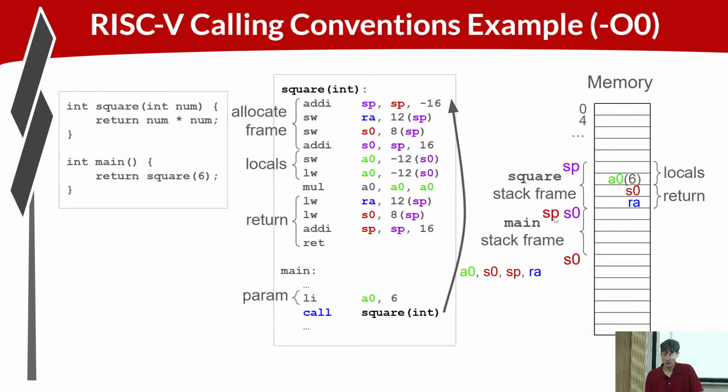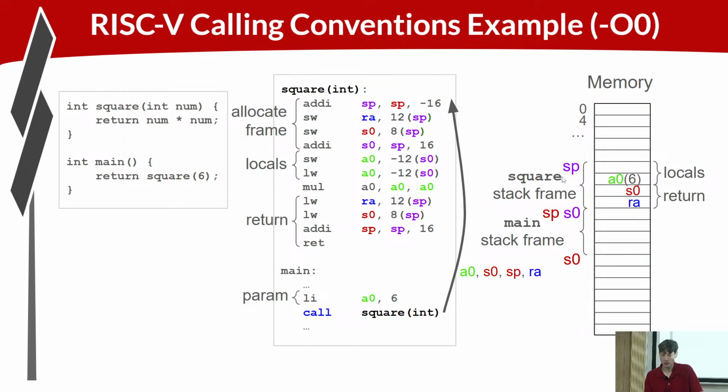To establish the new frame, S0 is going to become main's SP, and then we'll establish a new SP for square.